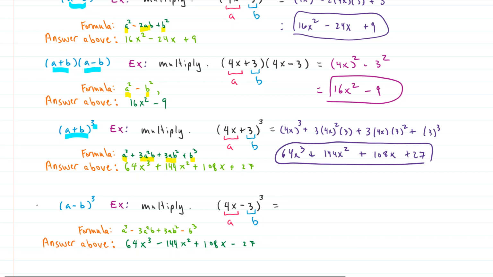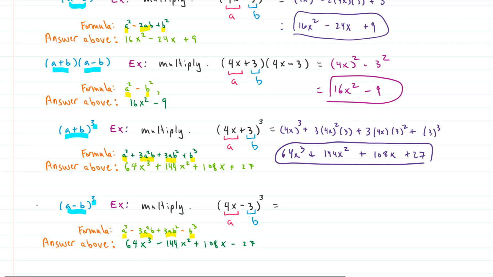Our final one, we have a minus b quantity cubed, and our formula for multiplying is very similar to the positive case, but we have a couple negatives. So we have a cubed minus 3a squared b plus 3ab squared minus b cubed. So let's write it out. A and b stay the same, 4x and 3.